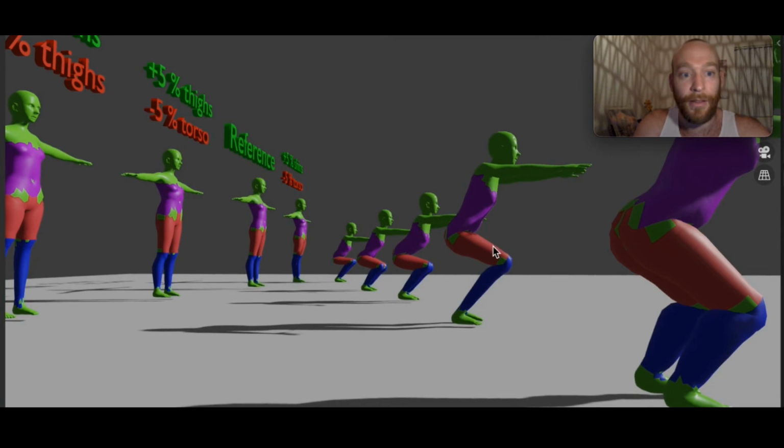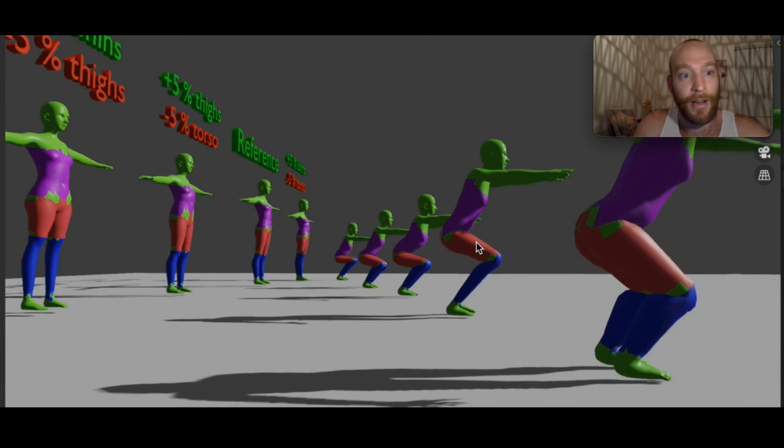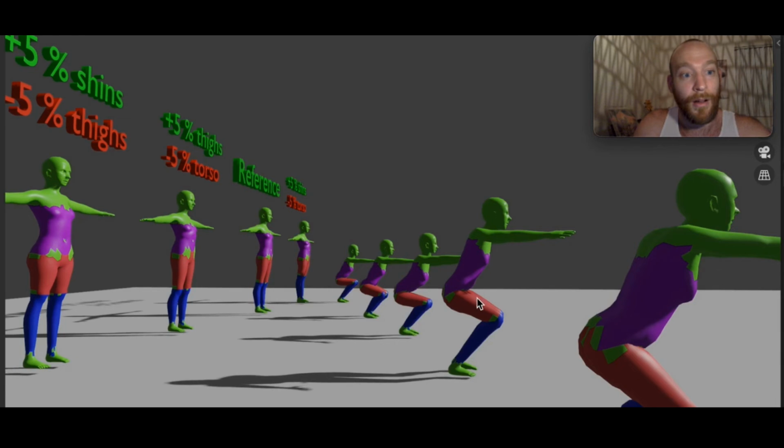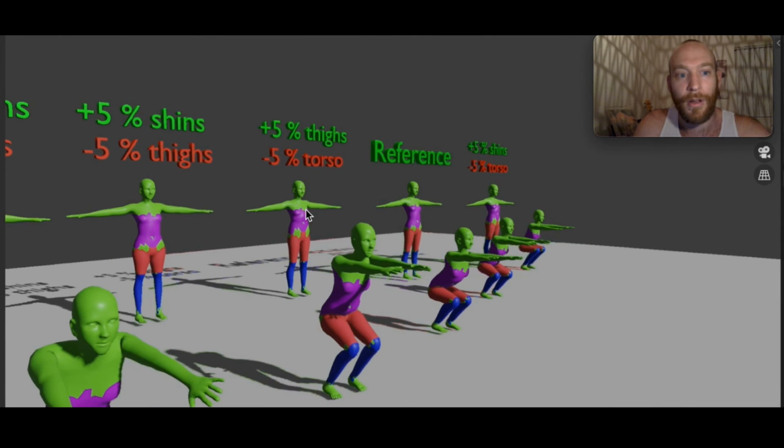But still, this character here has +5 shins. Oh, so this is another interesting case actually. This is a +5 shins -5 thighs. I would expect it to squat pretty well, but since the torso is still relatively long, I guess it still doesn't do as well as any of the -5 torsos.